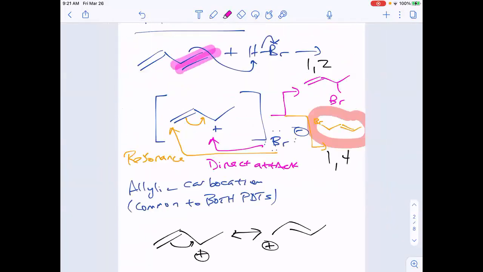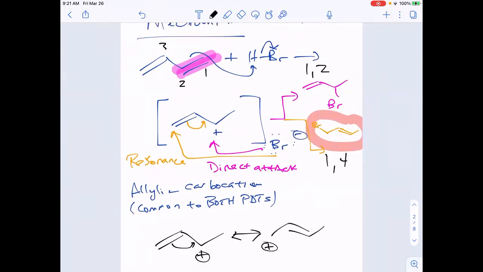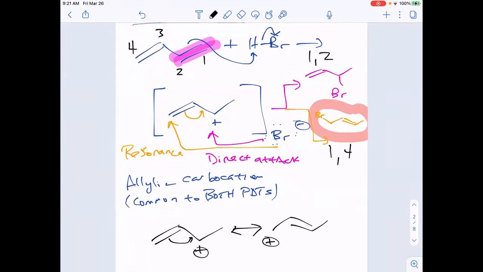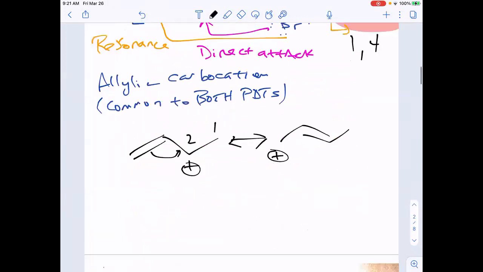We're going to start numbering this system from there. So 1, 2, 3, 4. When we look at the carbocation, it's the same numbering: 1, 2, 3, 4.